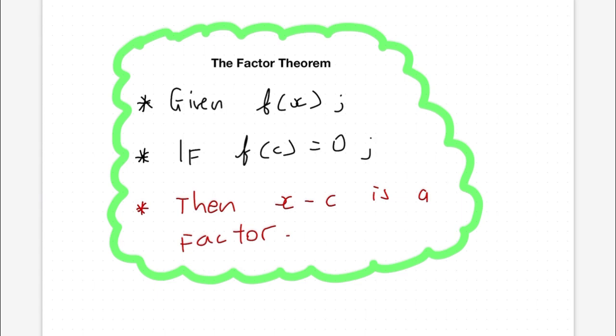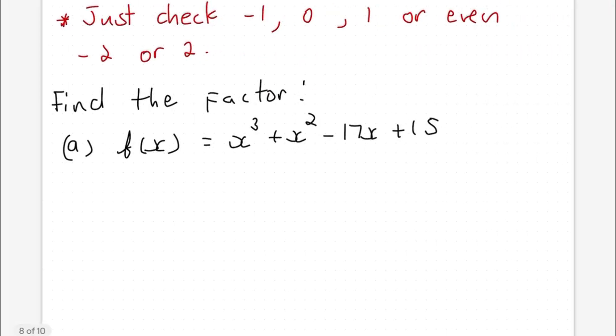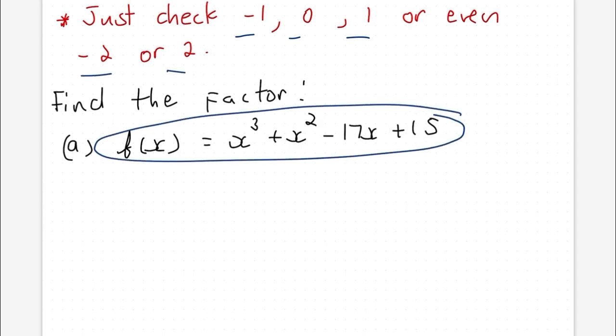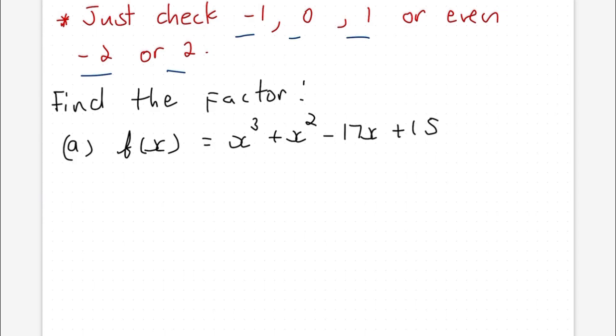We're going to try to find a number that makes the expression 0. For example, we're going to check whether minus 1, 0, 1, or minus 2 and 2 make this expression 0 in order to find which one is a factor.